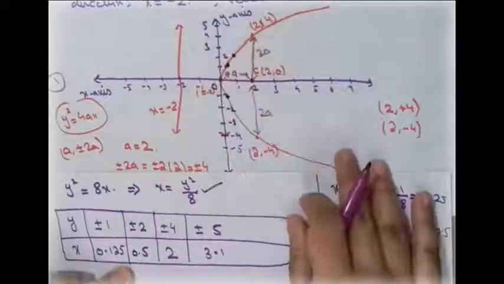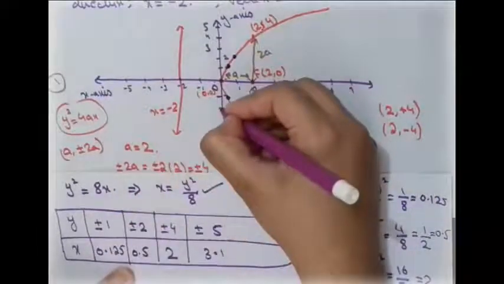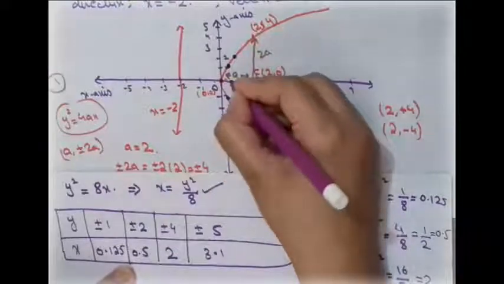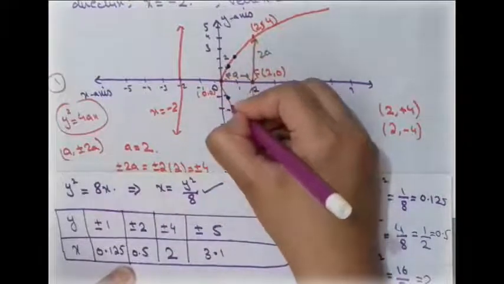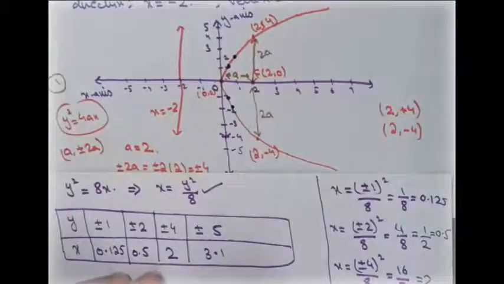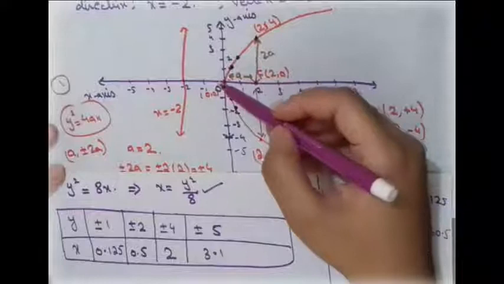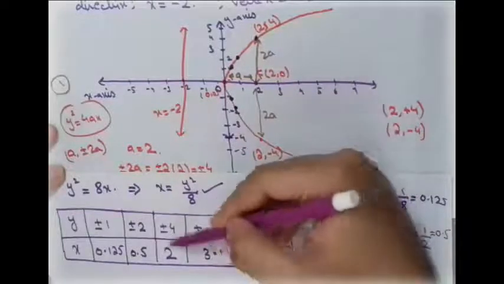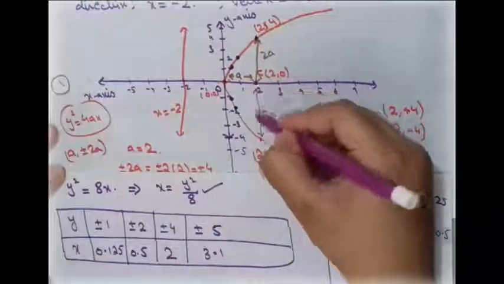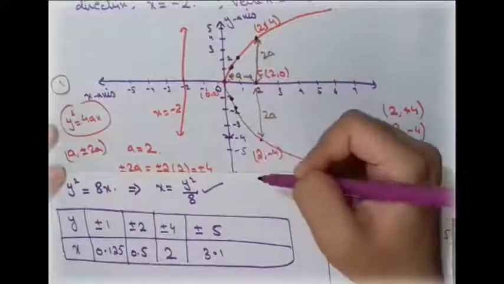So we get a second point. And if the value of y is negative 2, then it will be 0.5, which is a point here. And if I take ±4, if the value of y is negative 4, then the value of x will be 2. So here is a point that we already found.